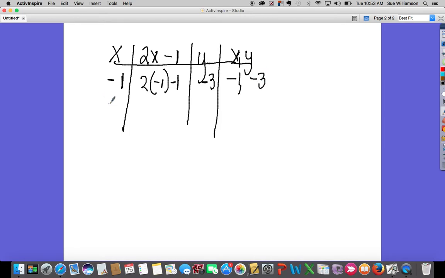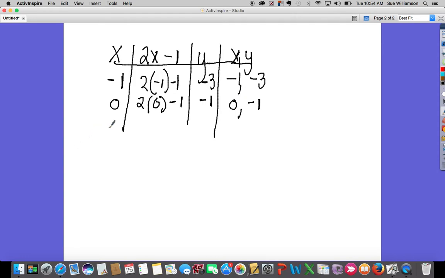If I substituted in 0 for x, then 2 times 0 minus 1. Well, 2 times 0 would be 0, and 0 minus 1 would be -1. And my ordered pair would be 0, -1.